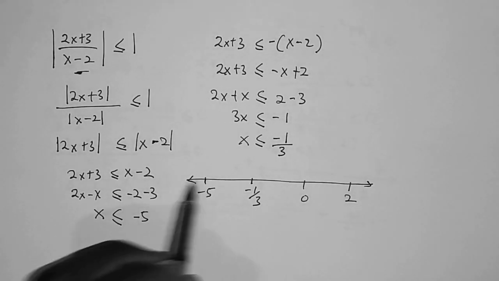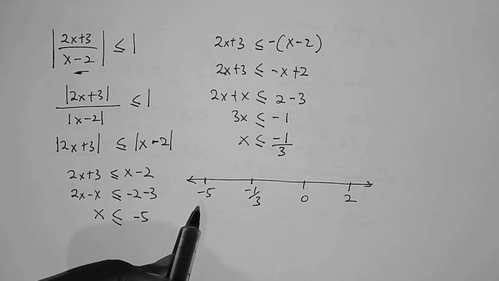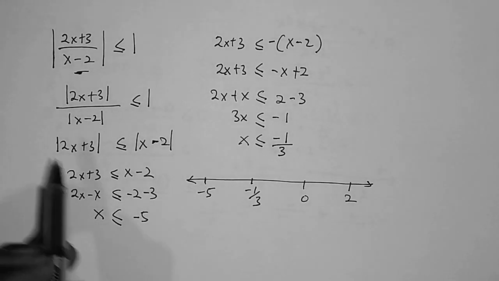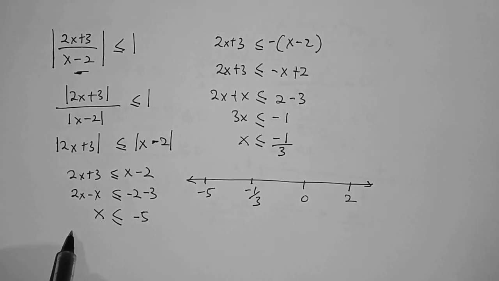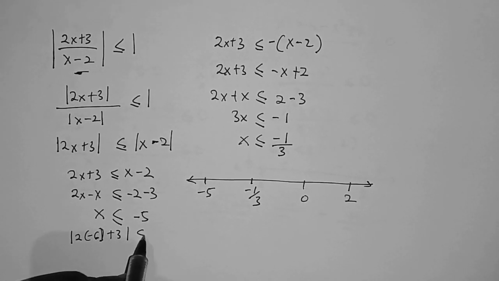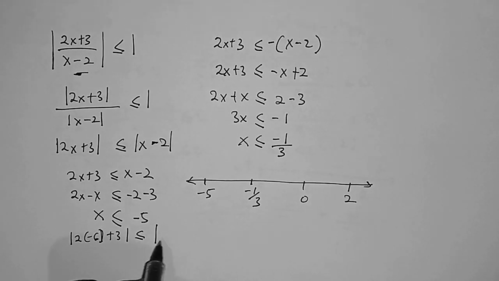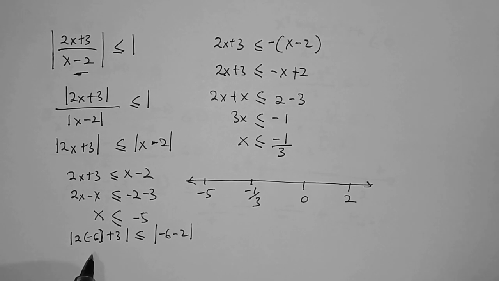Now let's pick values less than minus 5. For example, minus 6. If you put minus 6 here, it's going to give us absolute value of 2 times minus 6 plus 3 less than or equal to absolute value of minus 6 minus 2. 2 times minus 6 is minus 12.